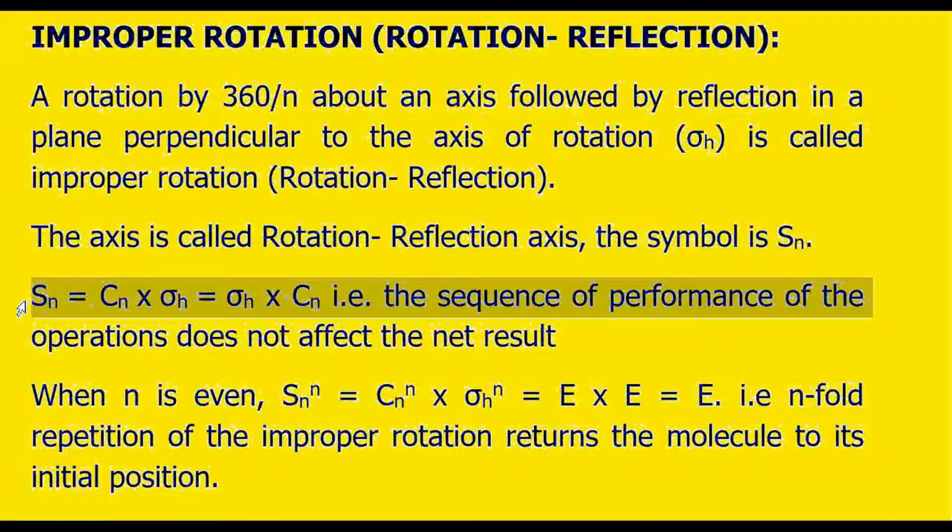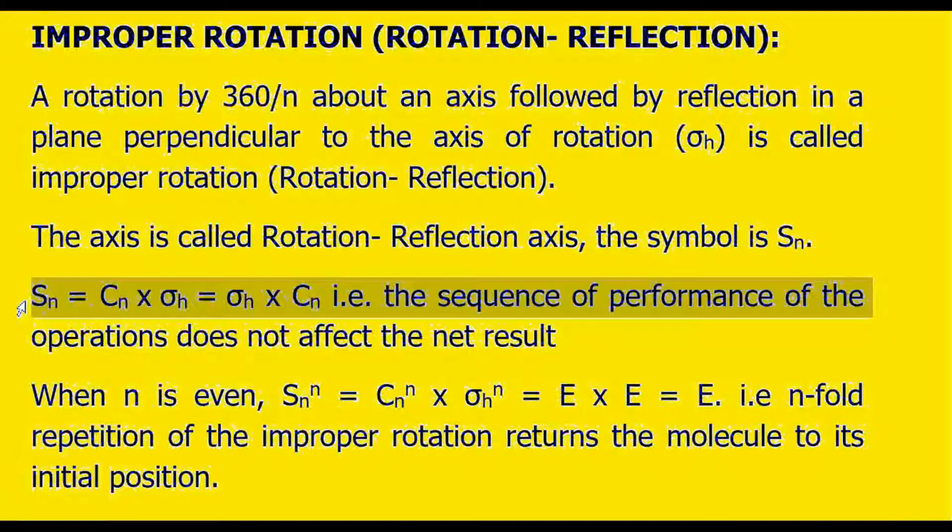You perform a rotation and then you perform a reflection. So, Sn in general can be equated as Cn multiplied by sigma h. Say for example, if you are performing the rotation about the C3 axis, then it will be C3 multiplied by sigma h.